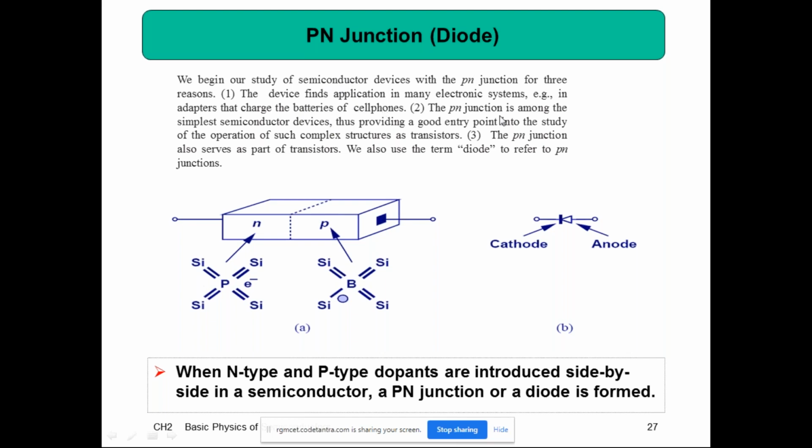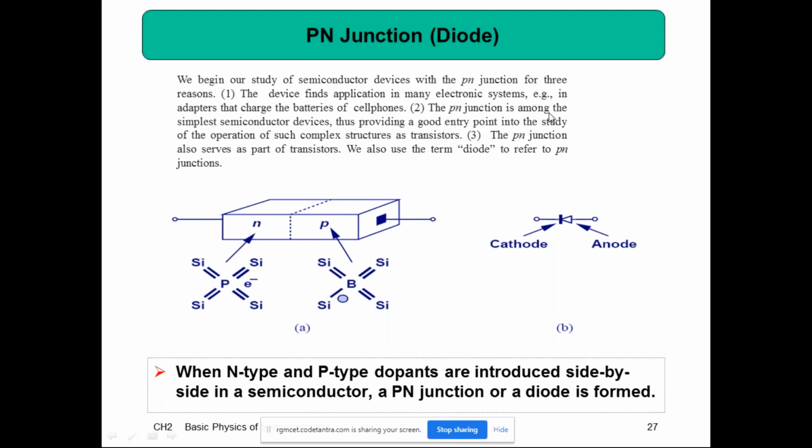And the second one is that the PN junction is among the simplest semiconductor devices, providing a good entry point into the study of the operation of such complex structures as transistors. Before going into the transistor analysis, BJT, bipolar junction transistor analysis, we must study the operation of the PN junction or diode.